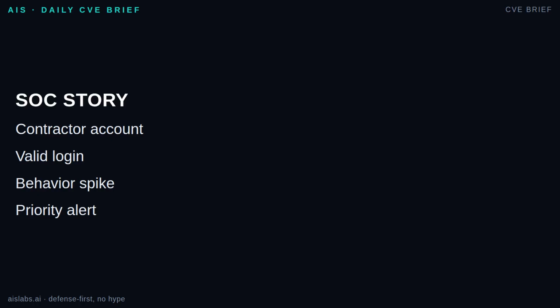This session is late, from a new region, and followed by access to finance folders outside the project scope. UEBA raises the user risk score. The SIEM correlation engine receives that score and joins it with cloud file logs and identity events. The alert title becomes Contractor Account with Abnormal Login and Sensitive Data Access. It lands near the top of the queue. The analyst reviews one case, confirms the pattern, disables the session, resets credentials, and notifies the account owner.